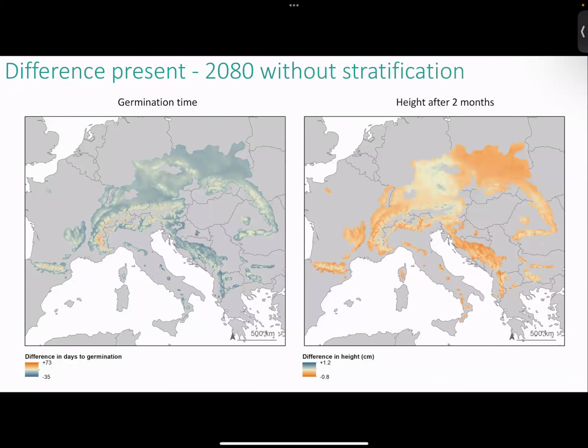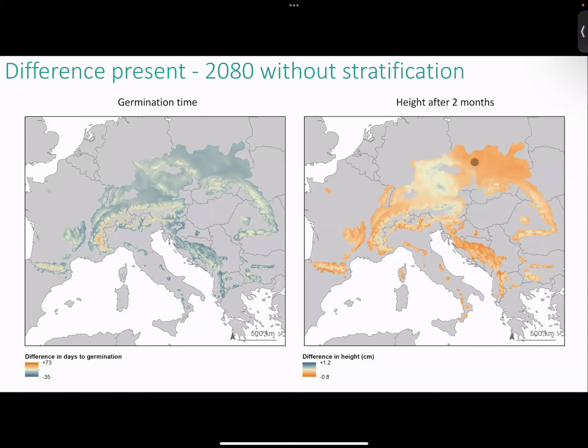And the second scenario that I present here is what may happen assuming that the future conditions do not match the requirements for cold stratification. So this is the current conditions with the stratification versus the future without stratification.